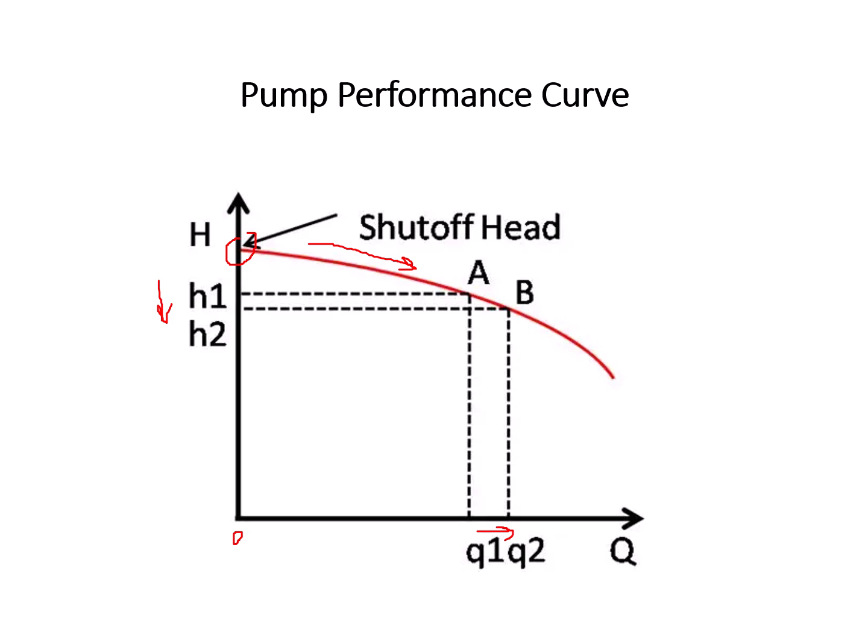If you imagine the pump is running, delivering flow, and you close the valve at the discharge line, you can read the pressure or the head through a gauge meter. So this will always be the maximum head your pump can produce.